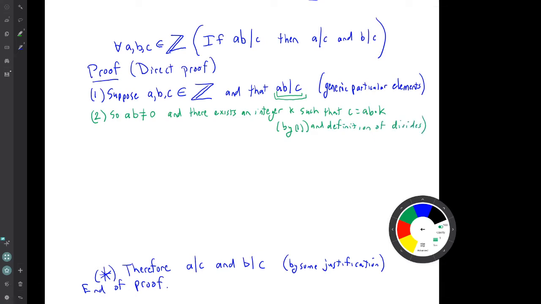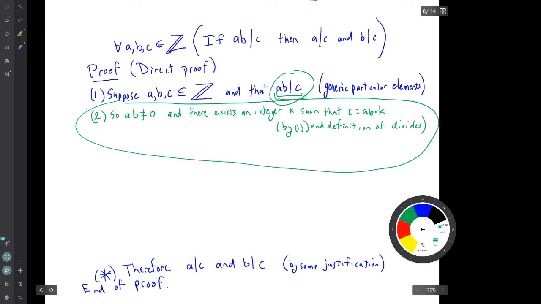So there's our unpacking of that defined statement. To say that AB divides C means all this stuff. Notice that I included the idea that AB has to not be 0.